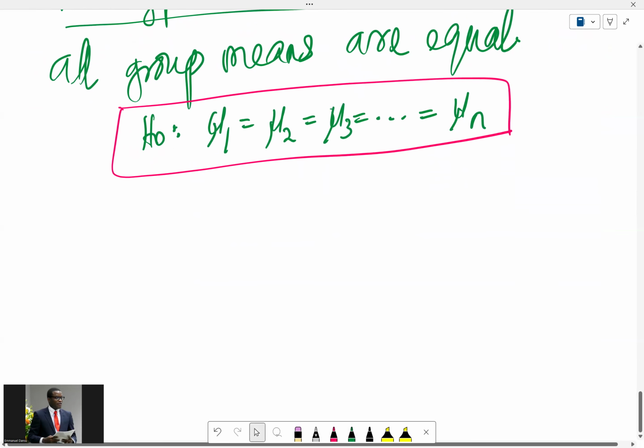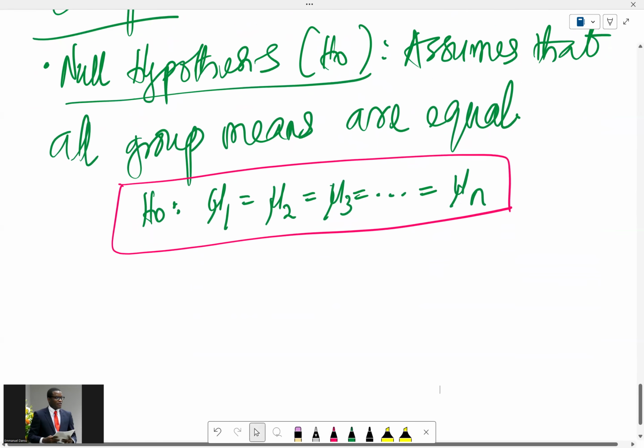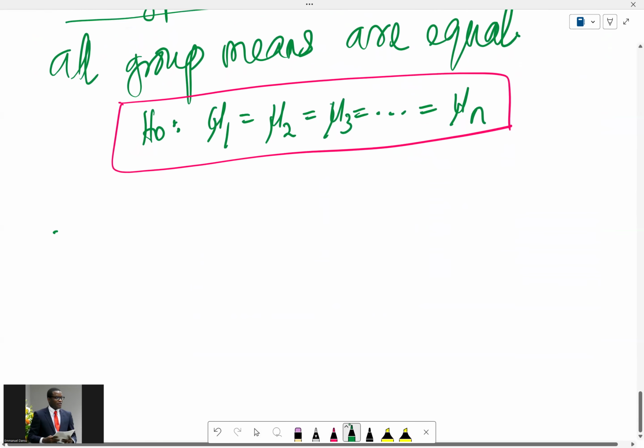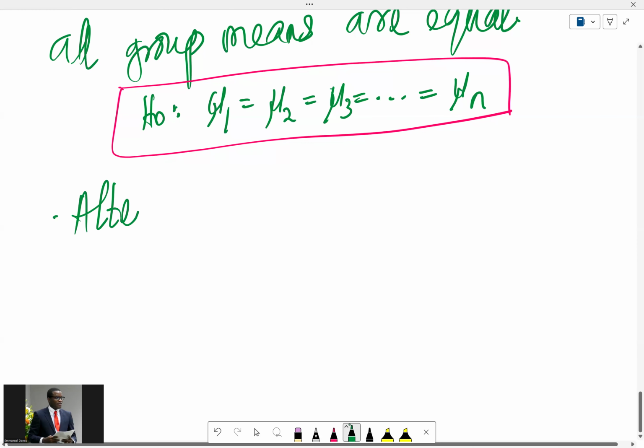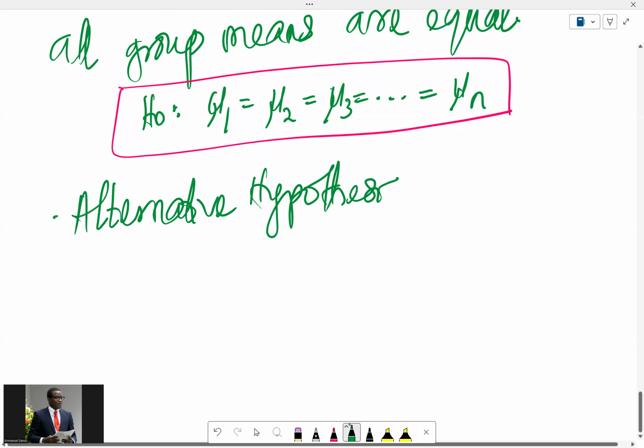Then we have the alternative hypothesis, that is H1.